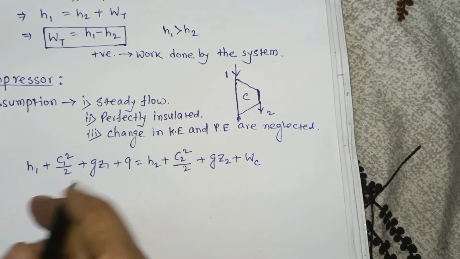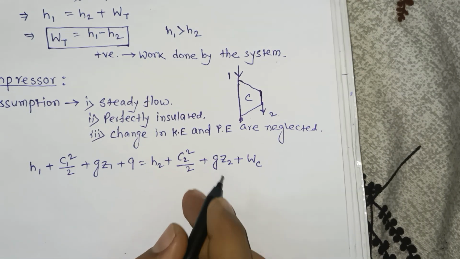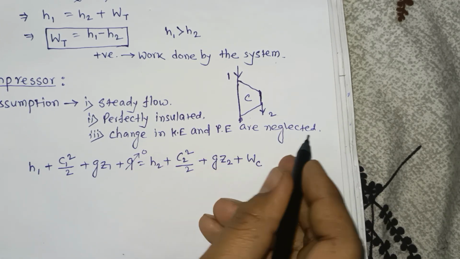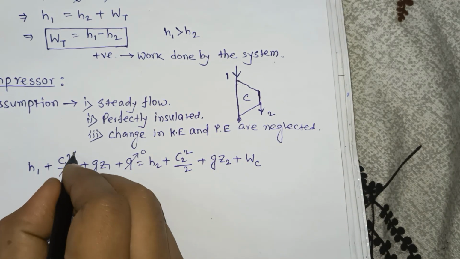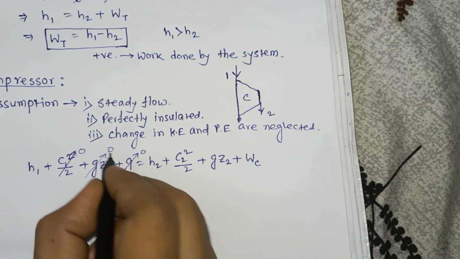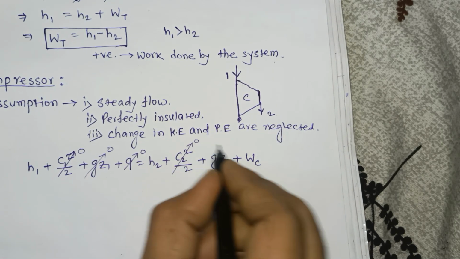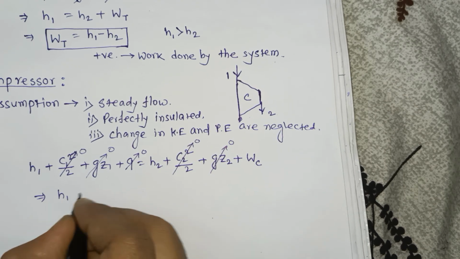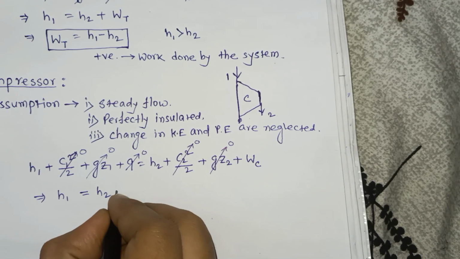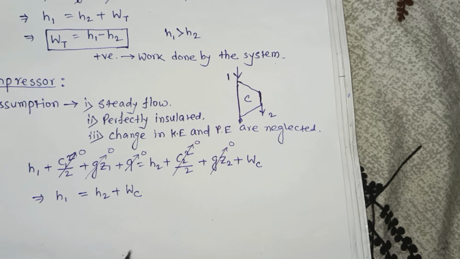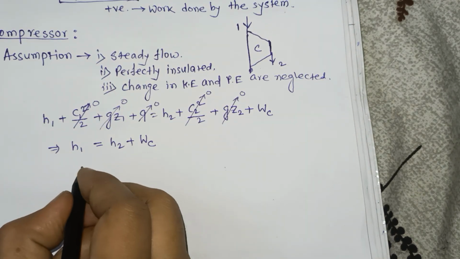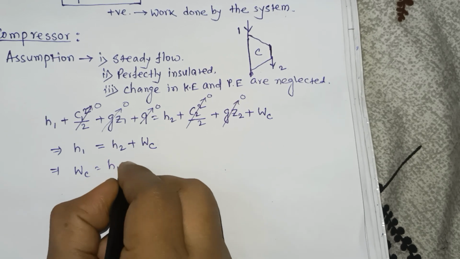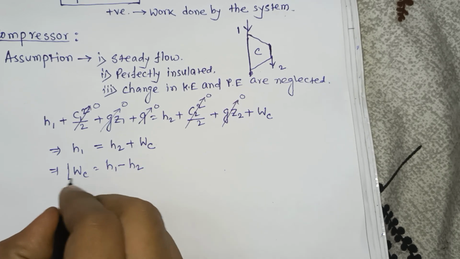Now steady flow means this equation, and perfectly insulated means Q is equal to 0, and kinetic energy and potential energy are neglected. So that is why these are 0. From here you can see that h1 is equal to h2 plus W of compressor. From here W of compressor is equal to h1 minus h2.